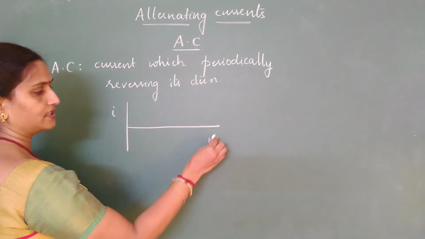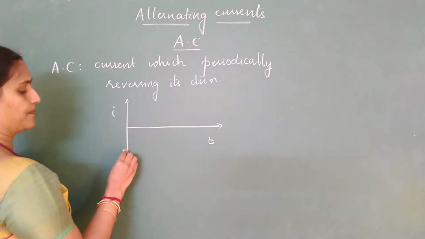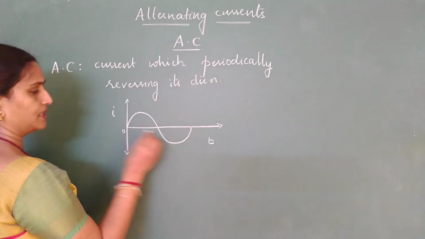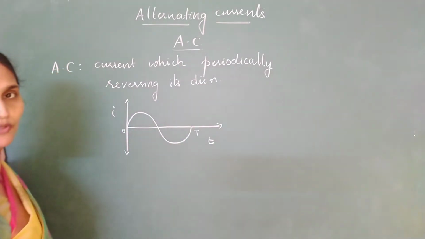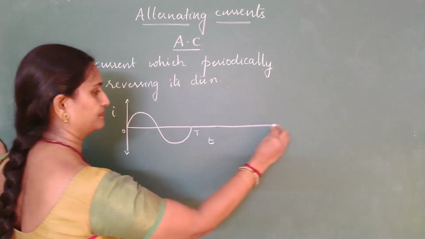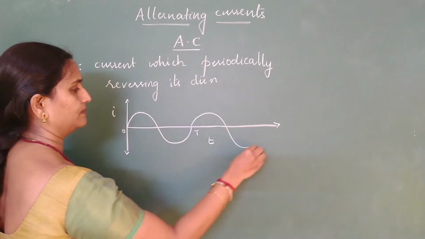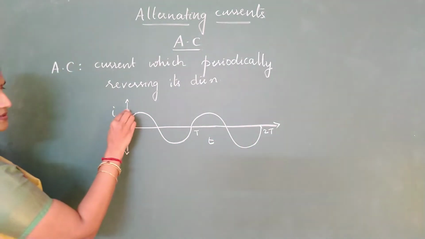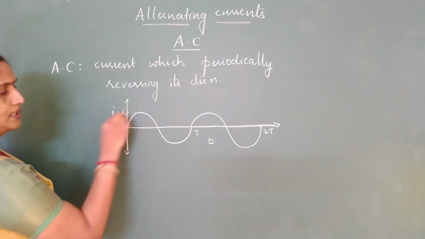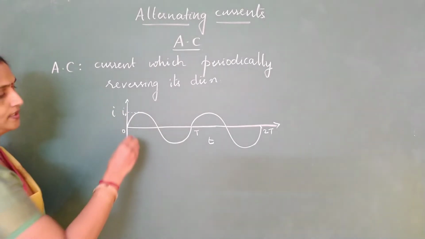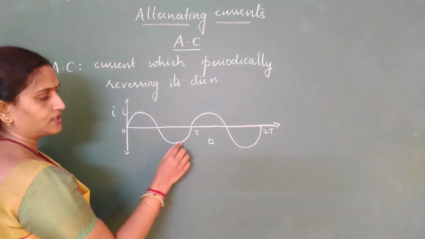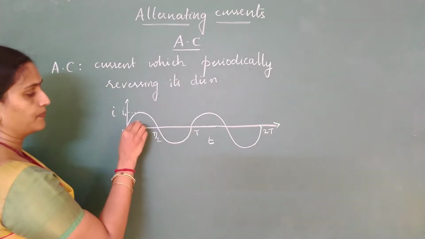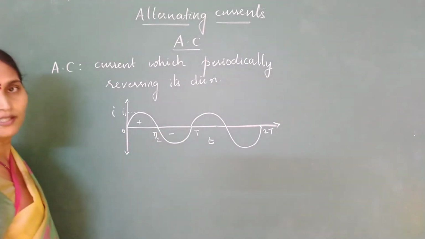If you observe the current versus time graph, this is how we represent it for one time period. If you want to extend for many, you can continue, another cycle and so on. What is its amplitude? I am taking the amplitude as I0, and it's continuously changing its values, and after every T by 2 seconds, a positive value is changing to negative.